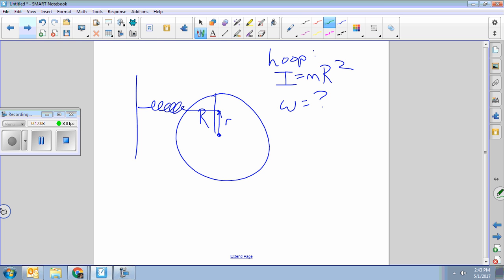So here are the variables we're allowed to use: mass of the wheel, radius of the hoop, the radius from which the spring is attached, and the spring constant.